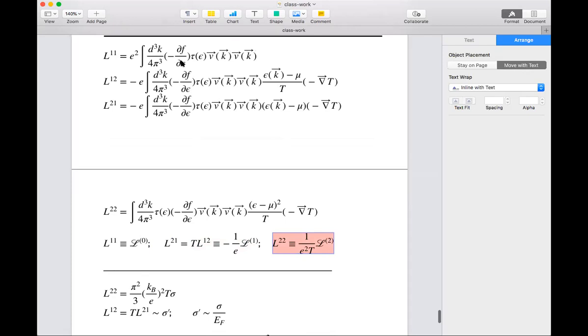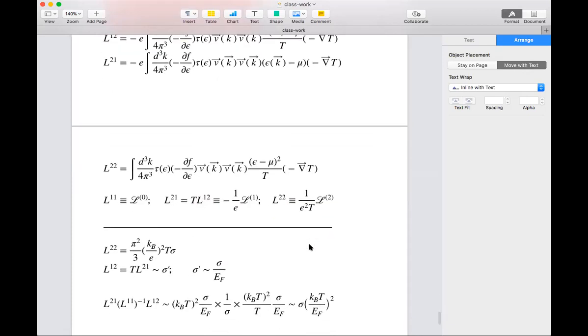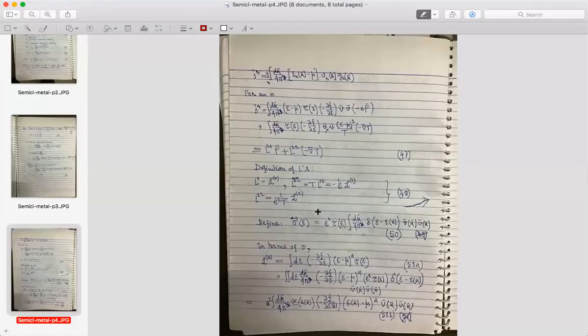L naught is defined by this. We'll now write a more general compact expression for these curly L's. So that is what I have written here.